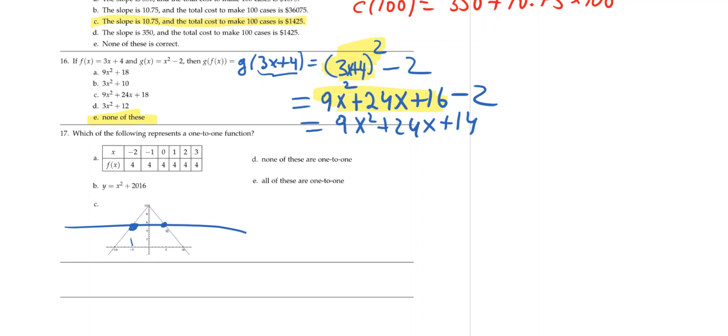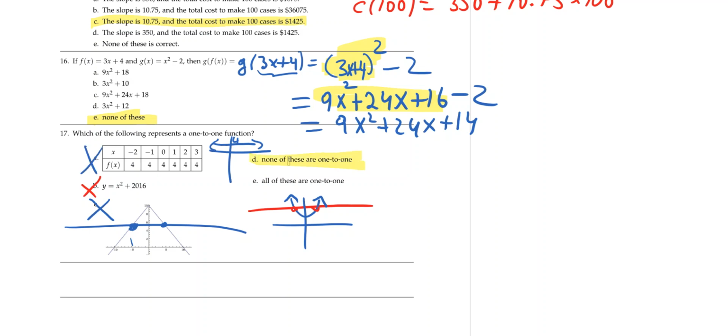Two x's share the same y, so this one is not one-to-one. y equals x squared plus 2016 is a parabola, and this does not pass the horizontal line test either. And this is a horizontal line going through 4, because no matter what x is, the output is 4, and this does not pass the horizontal line test. So none of these are one-to-one.